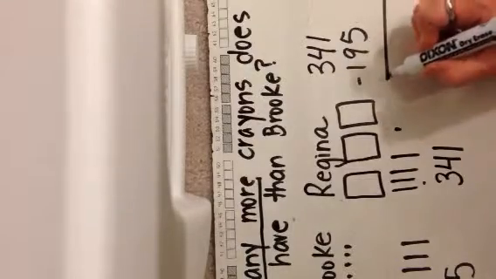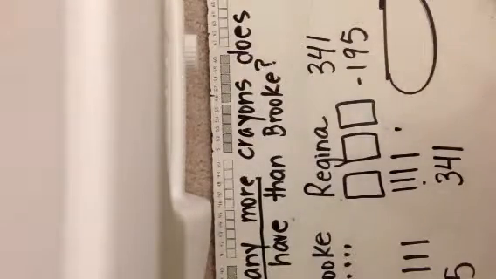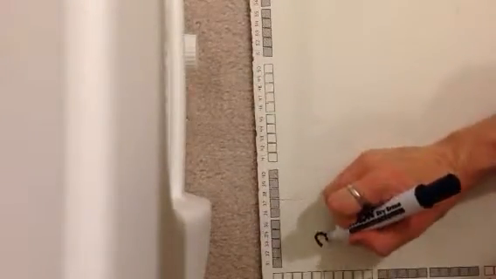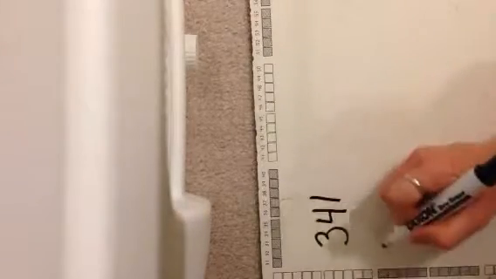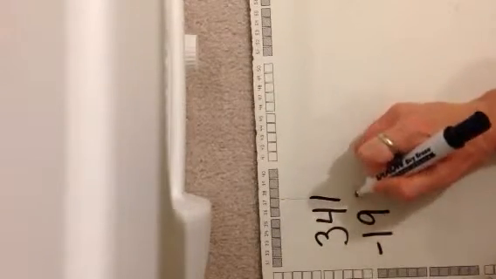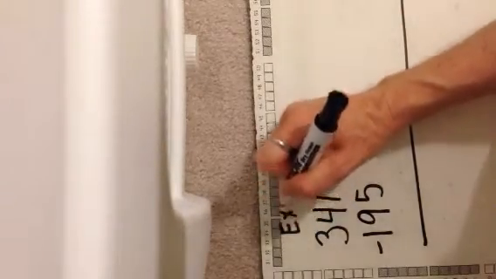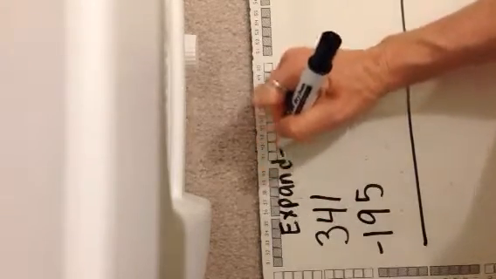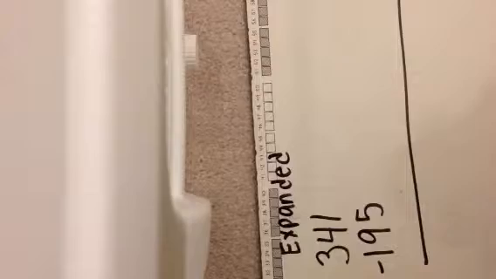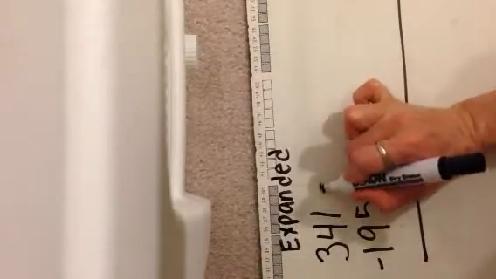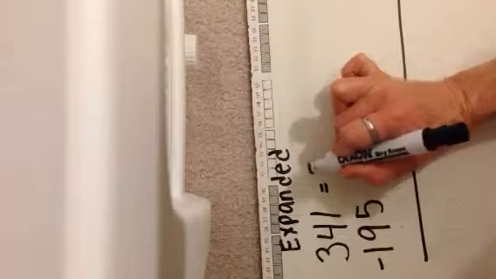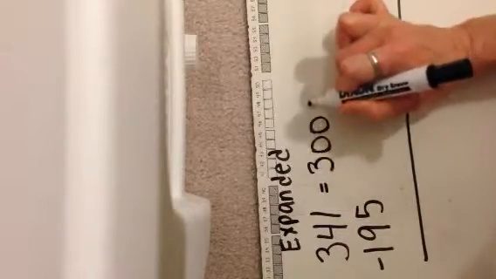Now, the next step is to figure out what this answer is. So it's 341 minus 195. You could have used any method that you wanted, as long as it was set up correctly. I'm going to use expanded. We know that 341 has 3 hundreds, which is 300.